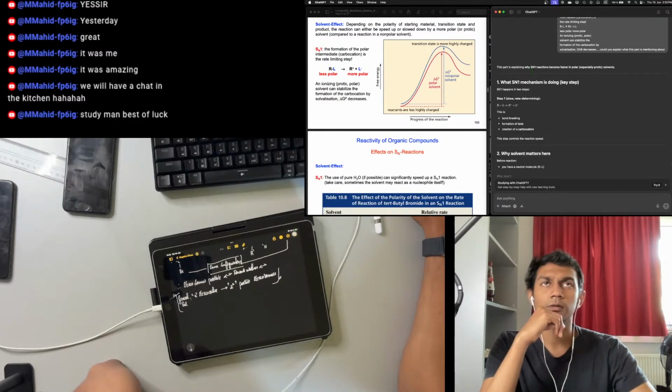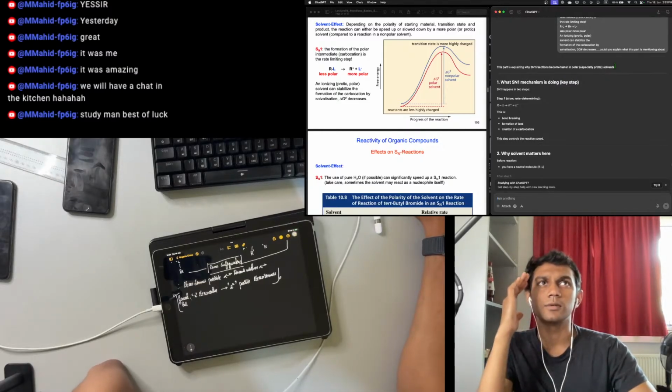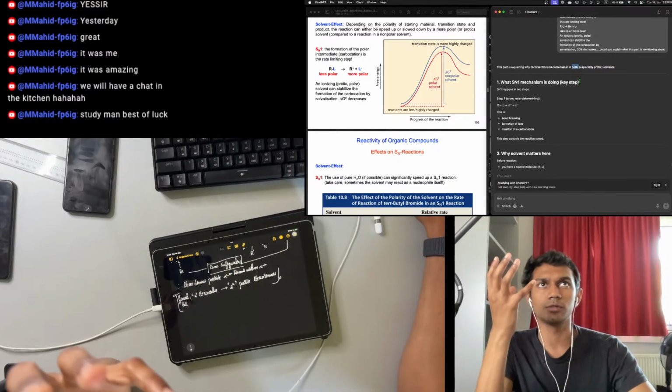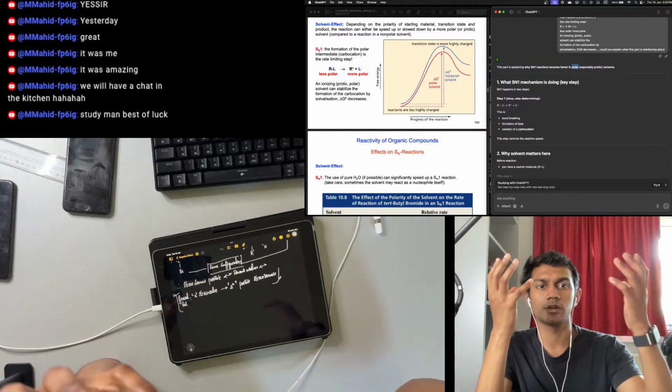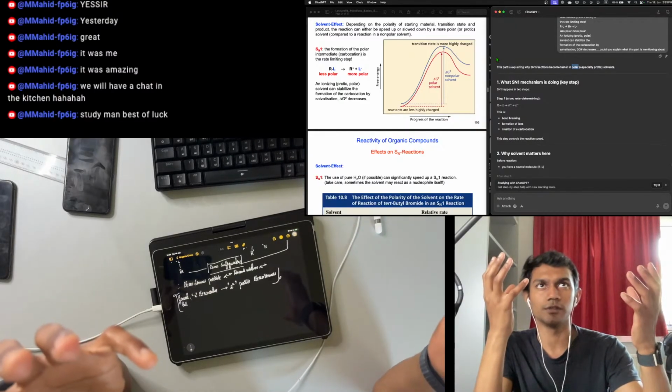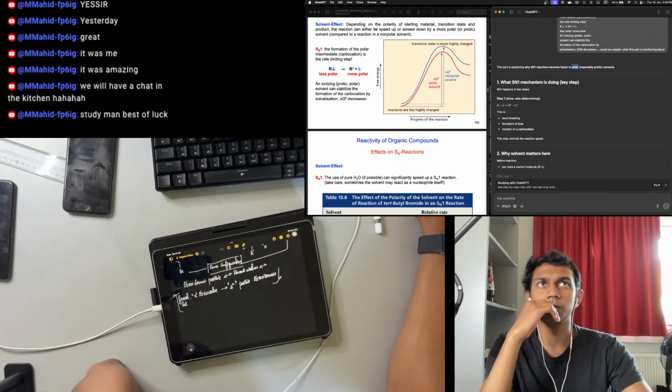This part is explaining why SN1 reactions become faster in polar, especially protic solvents. Again, when you say these words, I'm not very clear. I'm guessing water is a polar solvent, right? It has molecules that have definite polarity. Water molecule, oxygen, hydrogen, positive, negative. Especially protic, I don't know what that is.